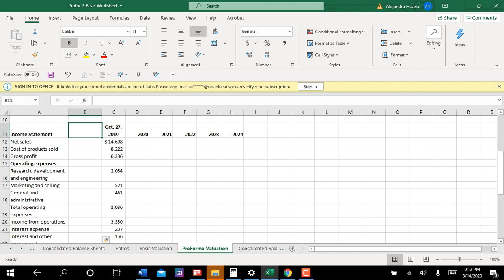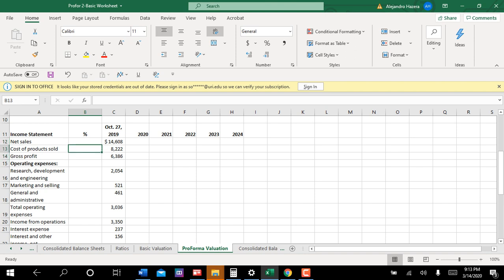Okay, and I'm going to label this column percentage, and this column is very important in making pro forma financial statements, because, as I just said, initially when you make a set of pro forma financial statements, every number, or at least a lot of them, are measured as a percentage of the sales.